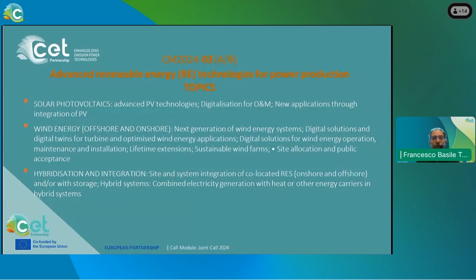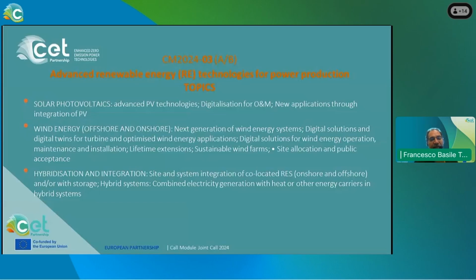Wind energy, onshore and offshore, is also in line with the call module 3 objective, and we look for the next generation of wind energy systems, digital solutions, and digital twins for turbines and optimized wind energy applications. We also need to develop digital tools for improving operation and maintenance, lifetime extension, sustainable wind farms, and also site allocation and public acceptance. It's a very important cross-cutting issue for this technology.